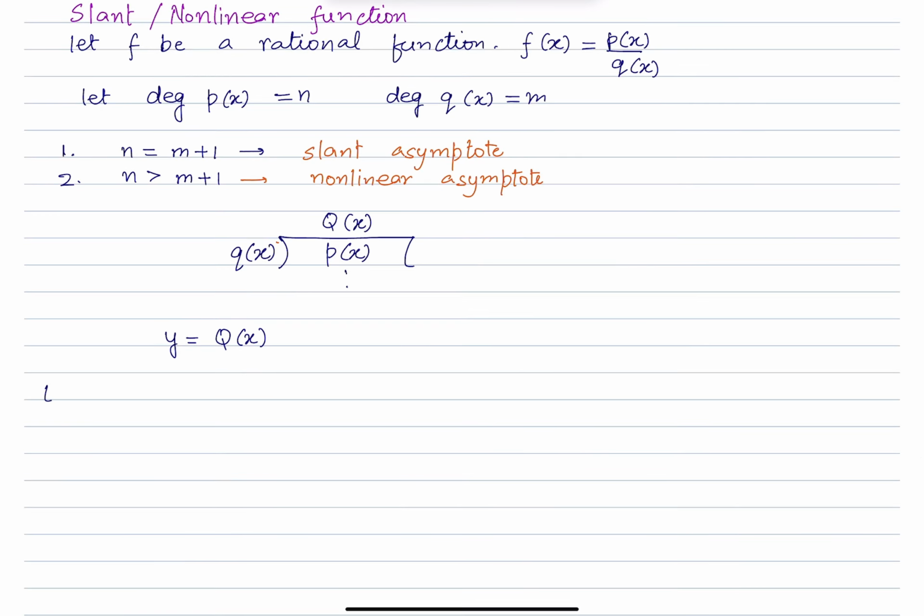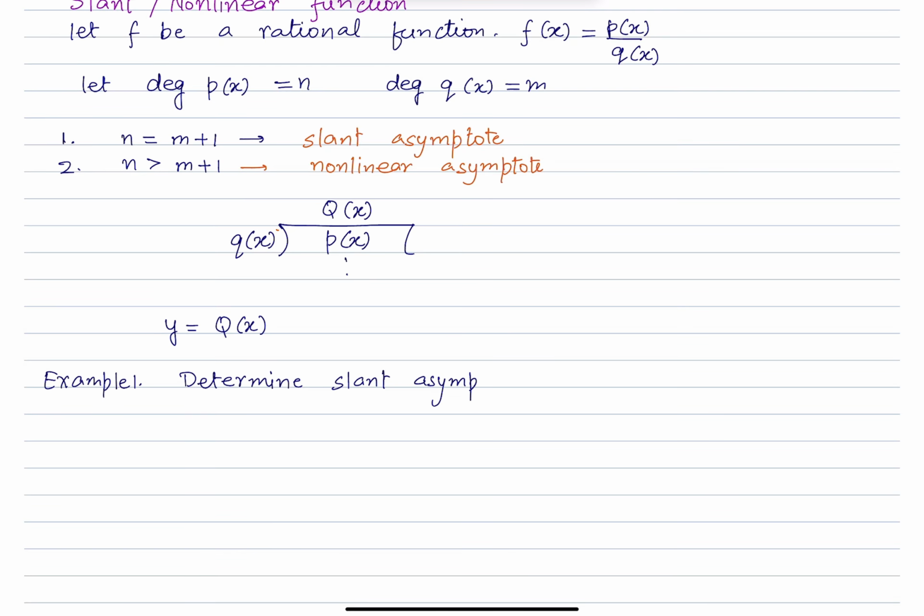Let's do an example. So in example 1, we want to determine the slant asymptote, if any, of the function f(x) given by 3x cubed divided by x squared minus 9.